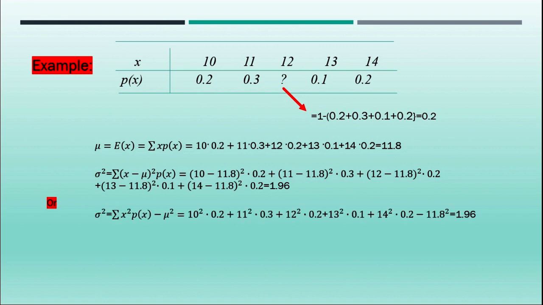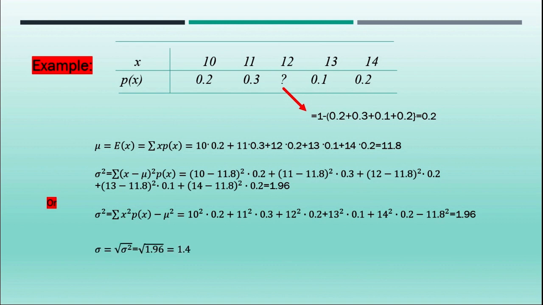Each x squared first and then times the corresponding probability and then sum them. Lastly, minus the mean squared, 11.8 squared. You can choose either formula to calculate variance.